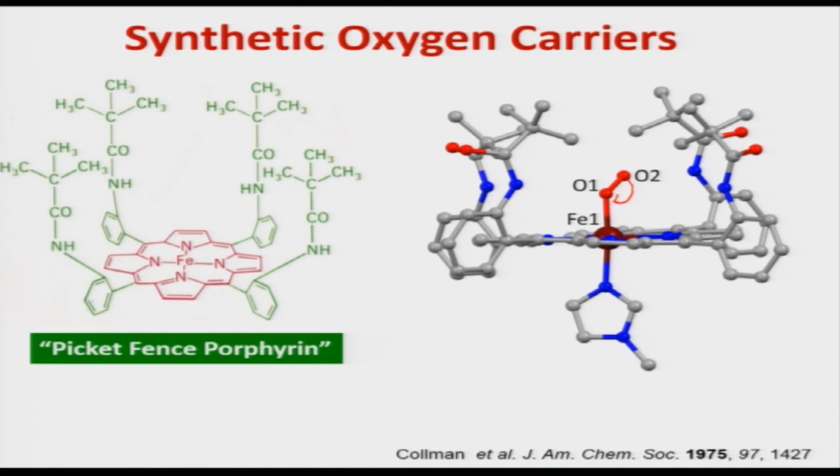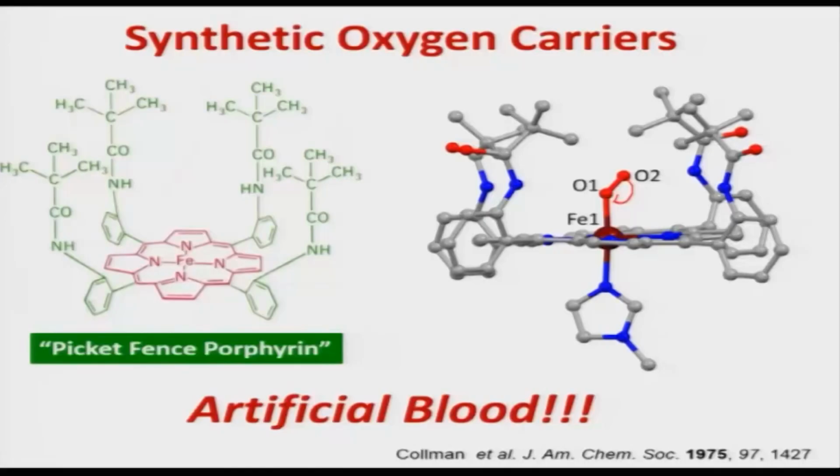If we can make this kind of artificial molecule which can indeed replace our blood, one day we can make this artificial blood to fight against various blood related diseases such as thalassemia, blood cancer. All these problems could be solved if we can make artificial blood which can replace the real blood of our body.